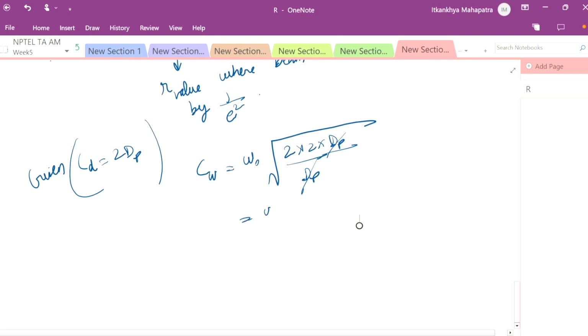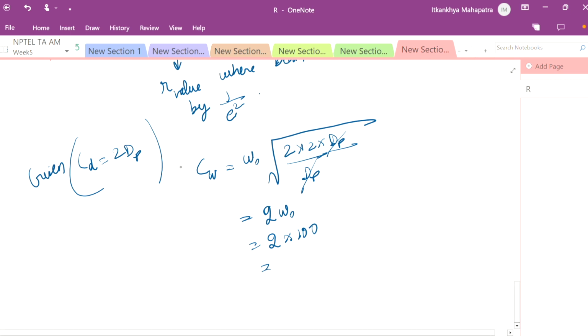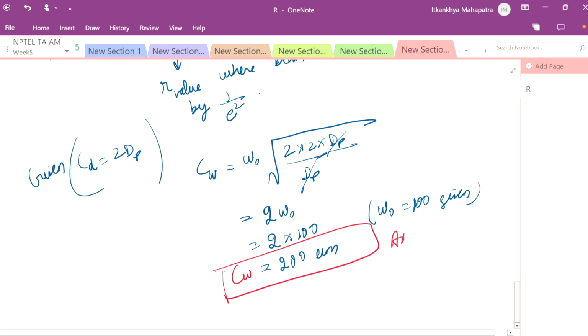So this will be 2 W0. This will be 2 into 100, since W0 is equal to 100 as given, so 200 micrometer. So this is the third answer.